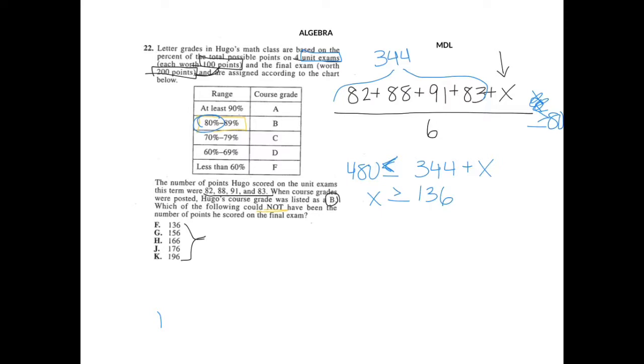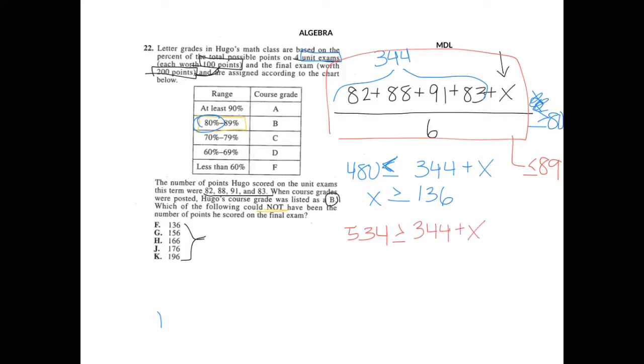We cannot delete any of these answers because they're all greater than or equal to 136. So obviously we have to go to the other end of the spectrum and do this all again, except this time we're going to say it is less than or equal to 89. 89 times 6 is going to give us 534, and that's going to be greater than or equal to 344 plus x.